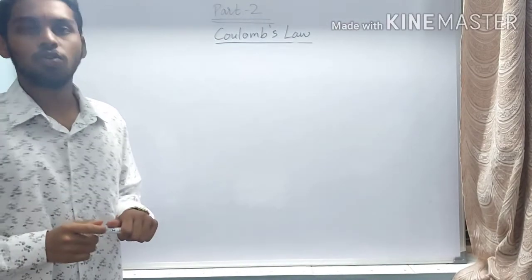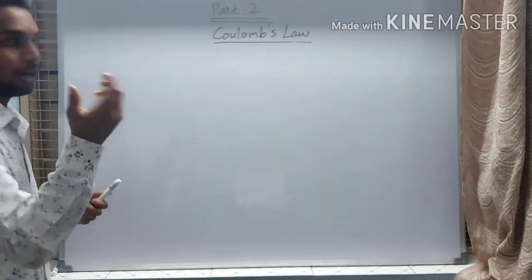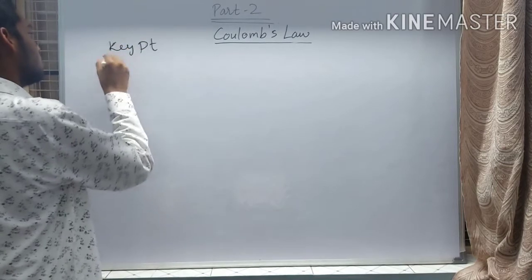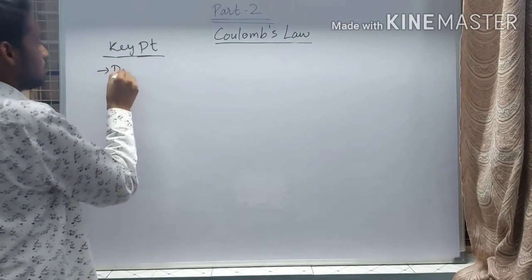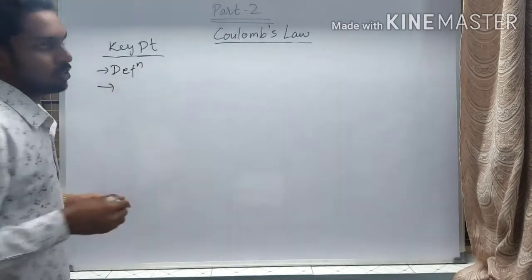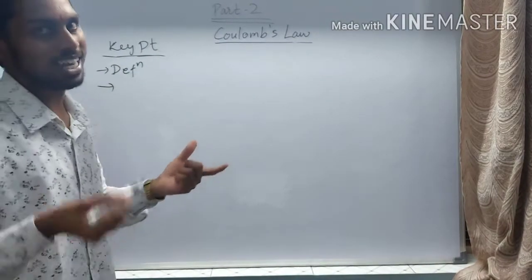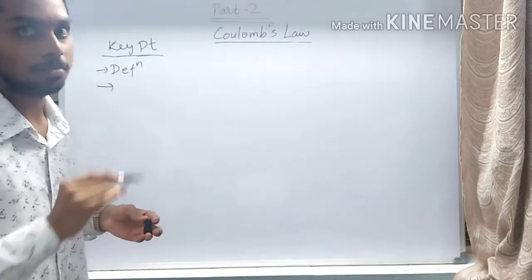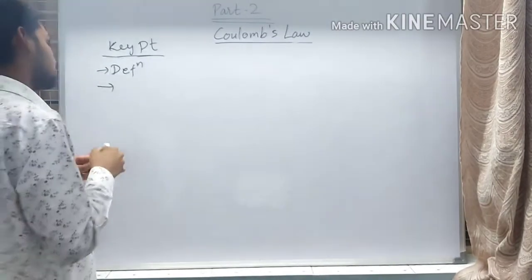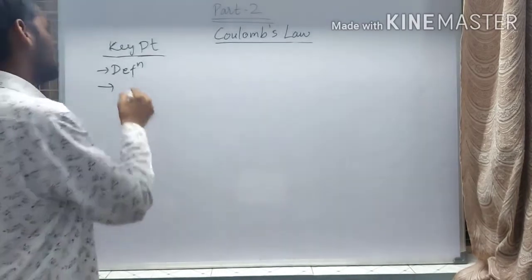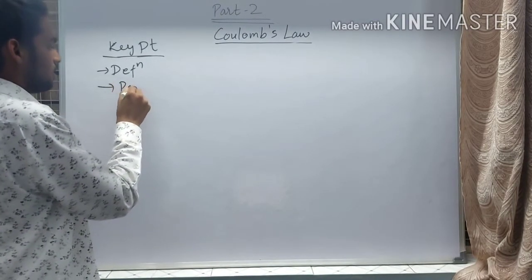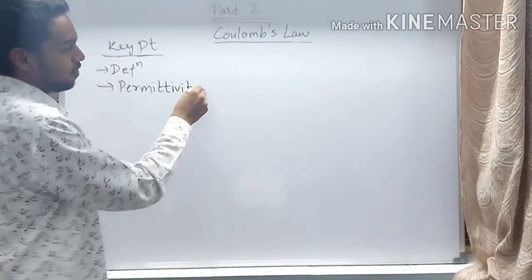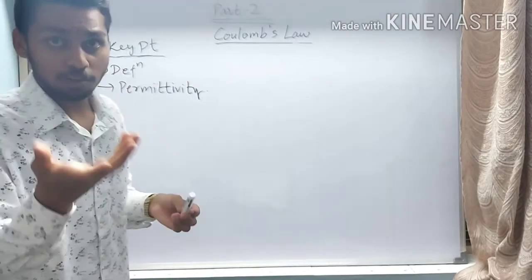Let us recall whatever we have learned till now in part 1 and part 2. First, we came across the definition of Coulomb's law: the force acting between two charges is directly proportional to the product of the charges and inversely proportional to the square of the distance between them, along the line joining them. Second, we learned about permittivity: absolute permittivity, permittivity of free space, and relative permittivity.